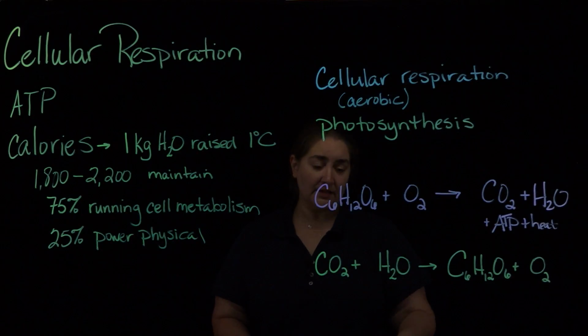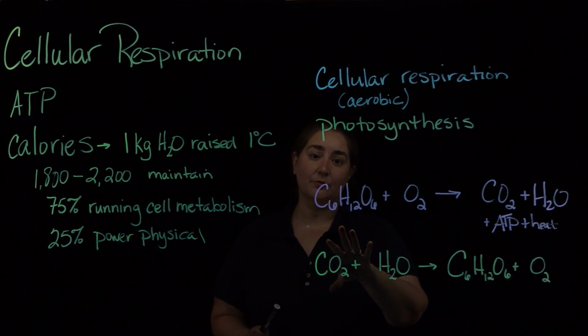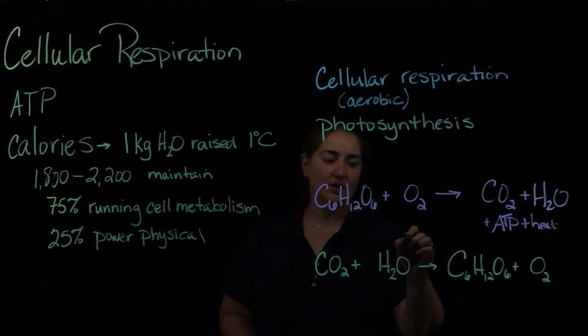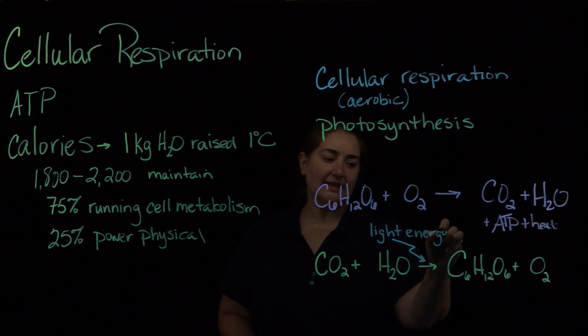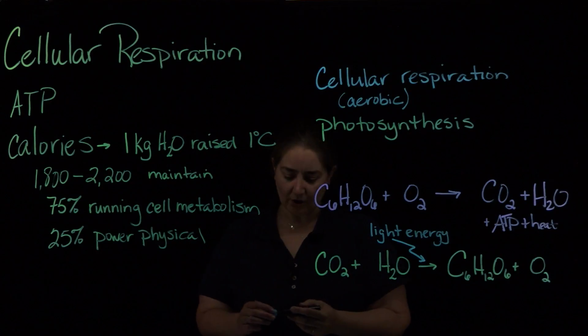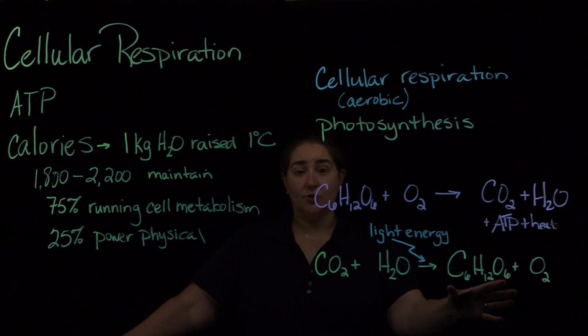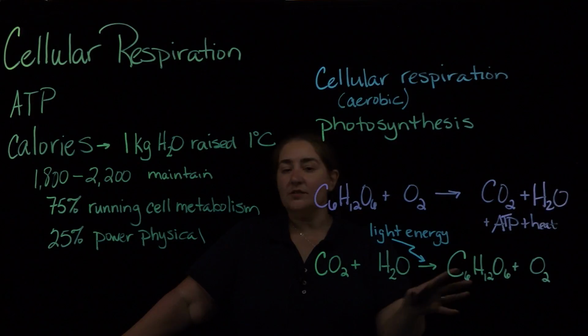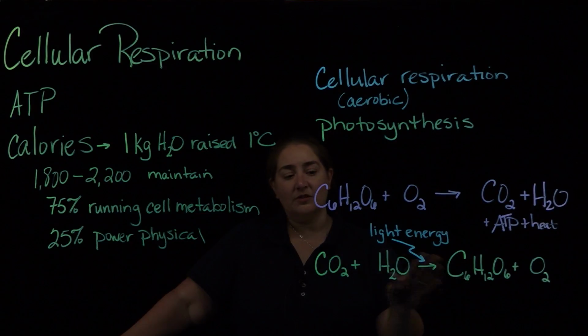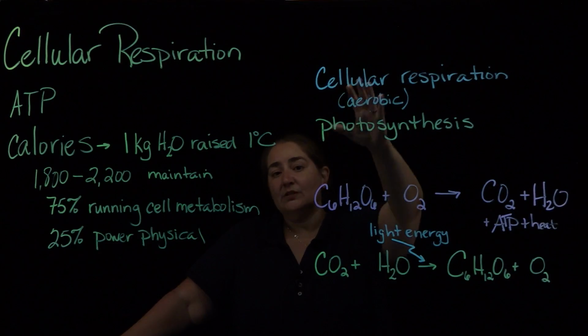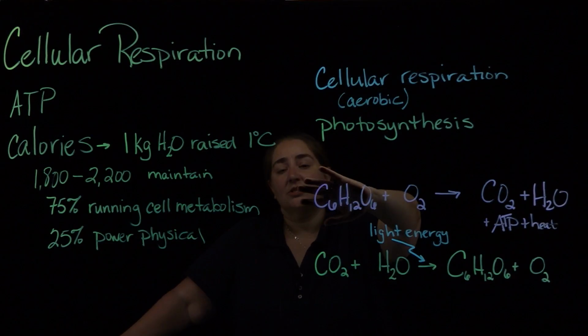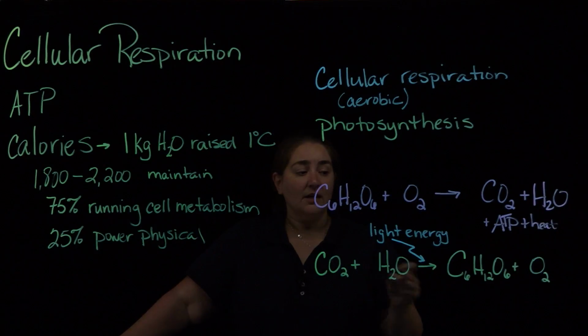Now with photosynthesis, you have to have the input of light energy to get our carbon dioxide and water to be formed into sugar and oxygen. There's a whole set of chemical reactions that go along with photosynthesis. The photosynthesis I've got in green here. The pink, I should have done it in blue to keep it color-coded, but cellular respiration is the pink here, okay? And if you notice, they're kind of complementary.